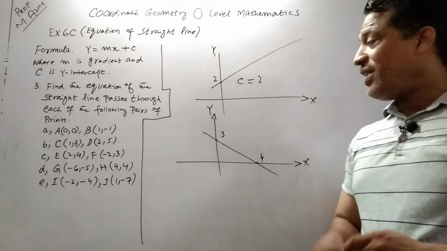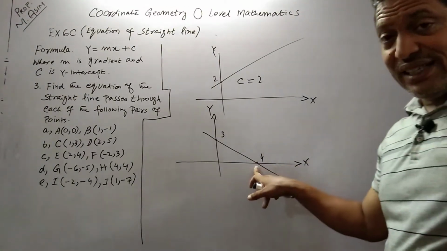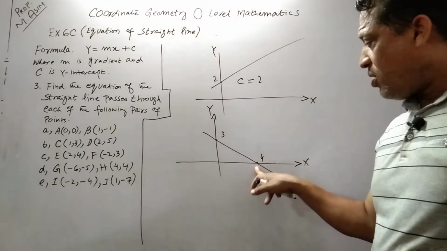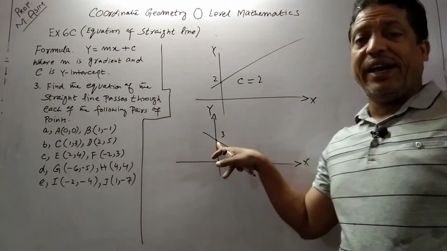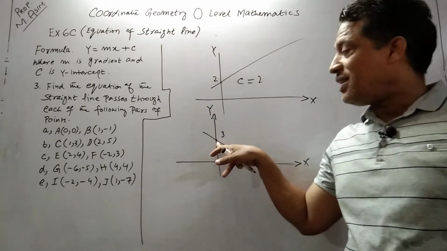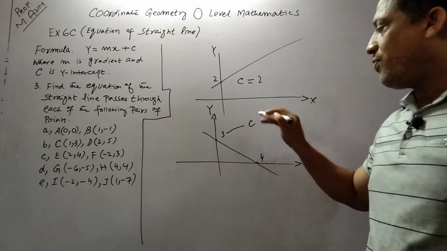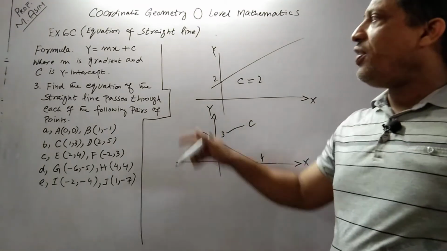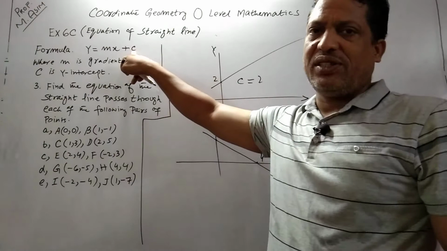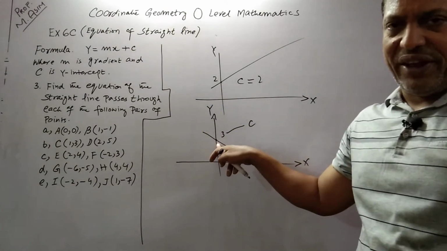Y-intercept means where the line cuts the y-axis. This is the x-intercept, because this point is on the x-axis. This is the y-intercept because the line cuts the y-axis at this point. So this is the value of c. In the straight line formula, we always put the y-intercept in the equation.